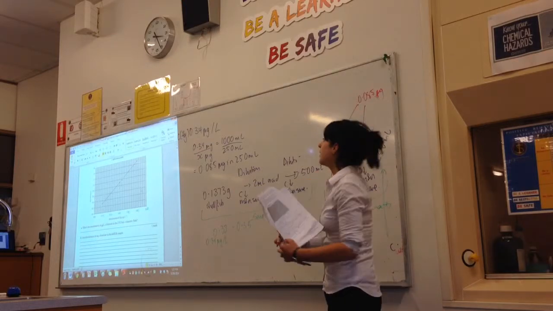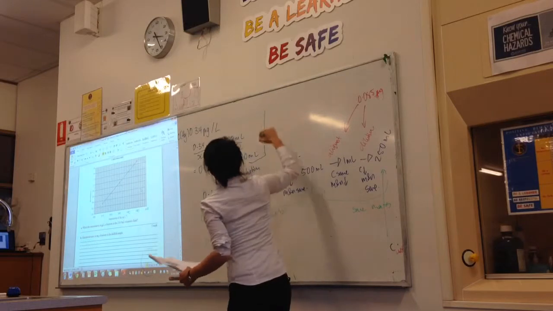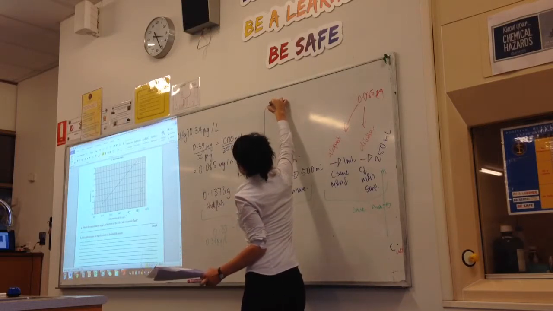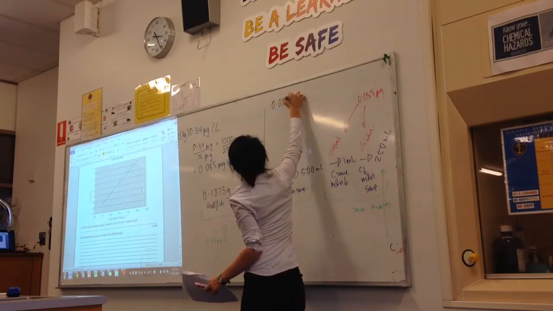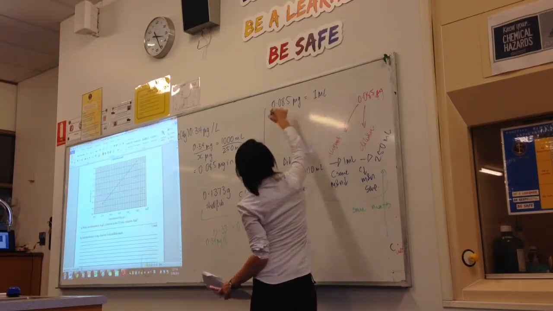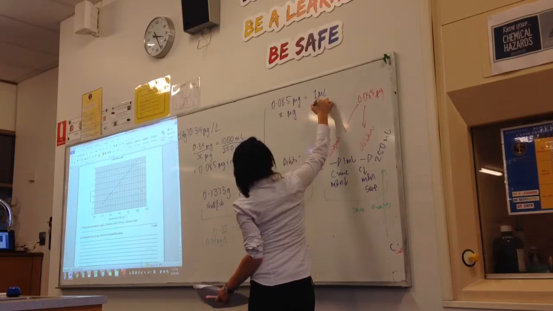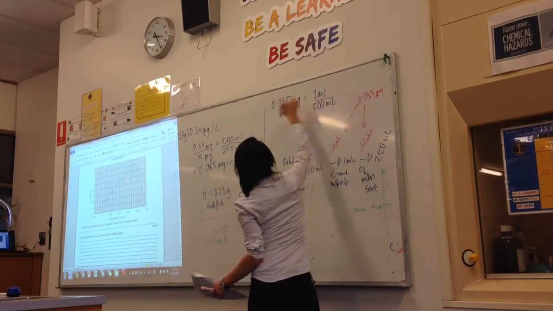You do. Now, times it by 500. You guys know with your aliquots that it's just a ratio. If I have that many micrograms in 1 mil, then I have X micrograms in 500 mil.